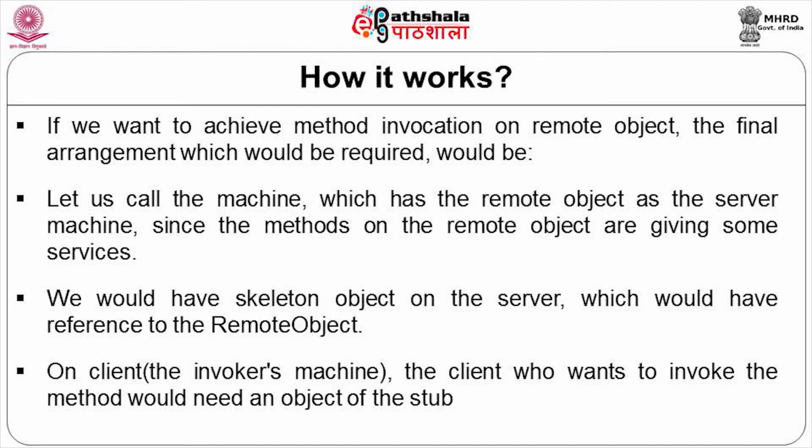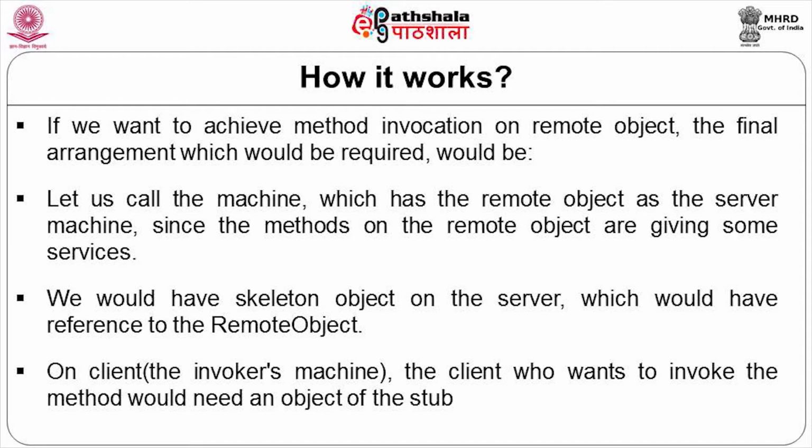Let's see. If we want to achieve a remote method invocation from any machine, the final arrangement required would be, yes, we'll have one host machine, or let's call it the server machine, because our remote object here has methods which we can consider as services being available to others.